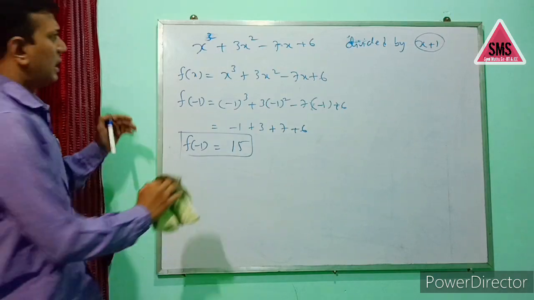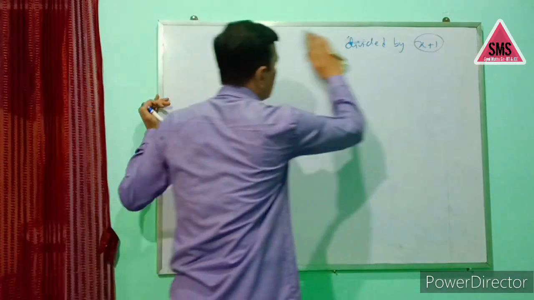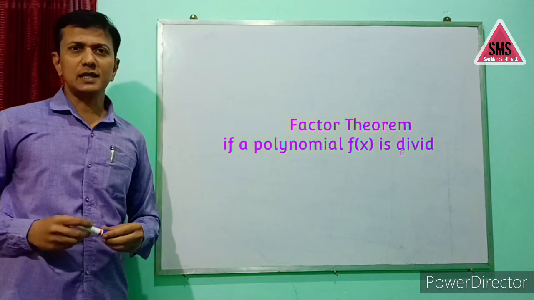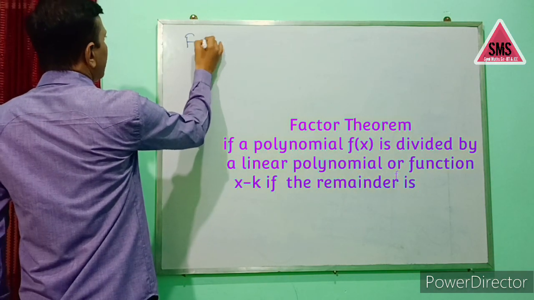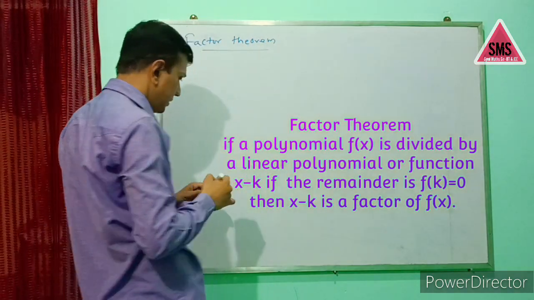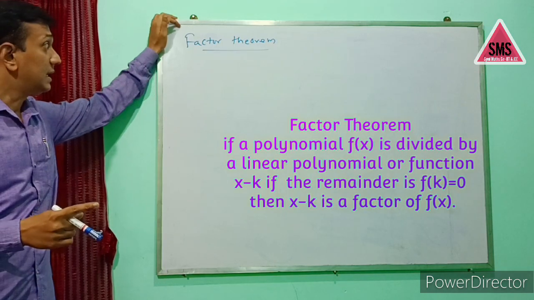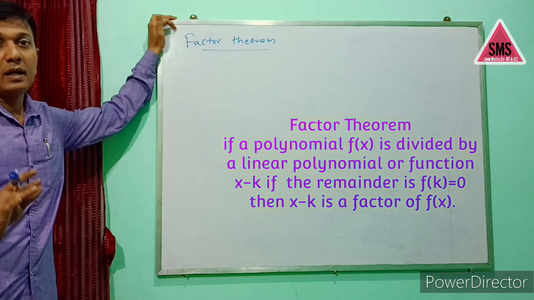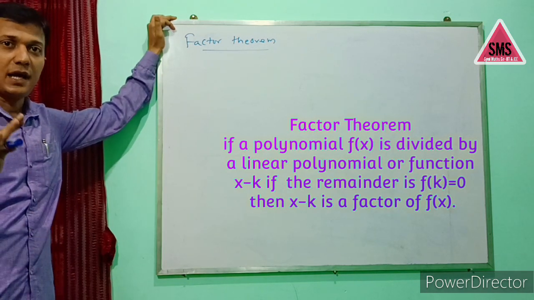Next, after this remainder theorem, we have the factor theorem. This factor theorem is a special case of the remainder theorem. So what does the factor theorem state? It states that if f of x is a polynomial and it is divided by x minus k, we are going to get the remainder f of k.